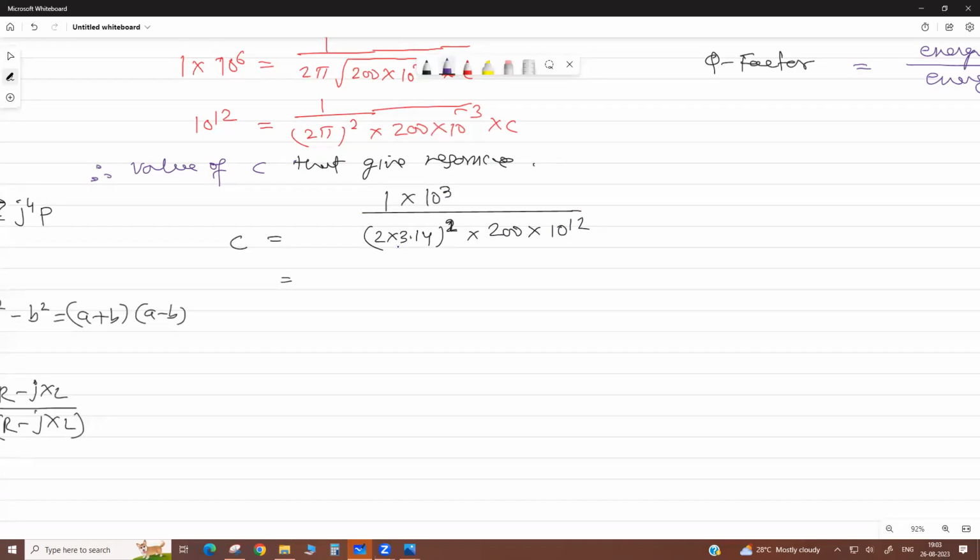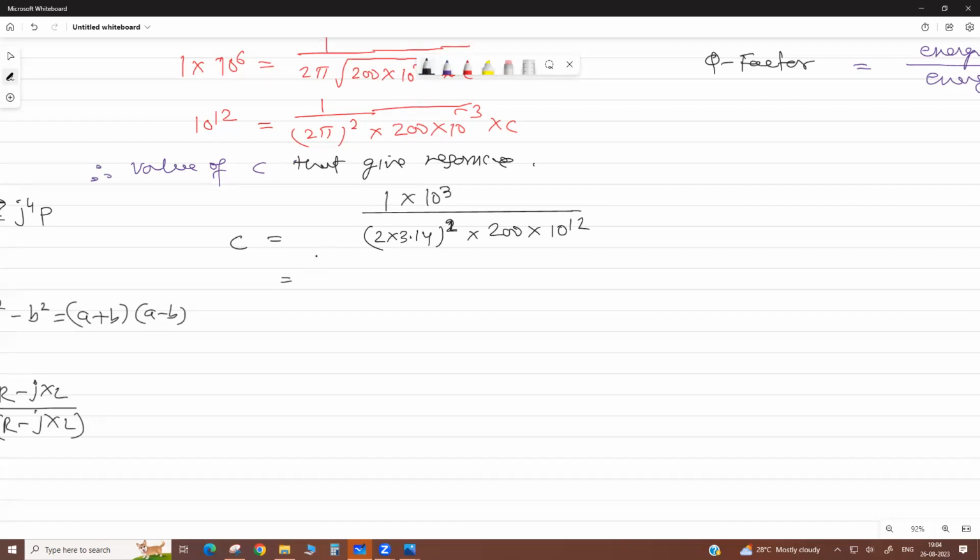Now it comes 2 into 3.14 square of that into 200 into 2 only we can say. This much is the 78.2 inverse into 10 only.